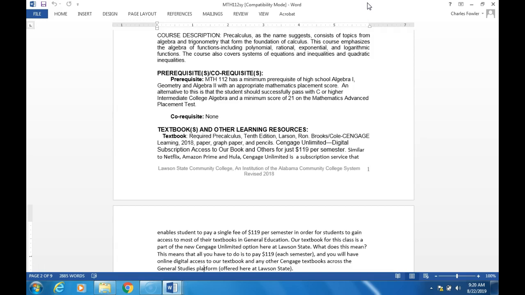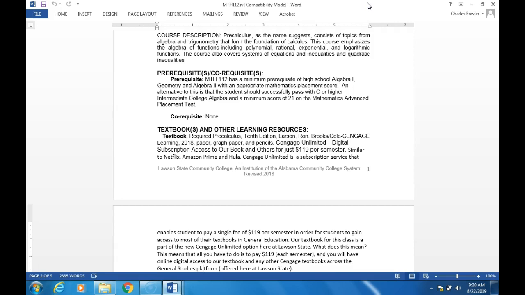Algebra of functions, including polynomial functions, hang on to that idea, rational functions, hang on to that idea, exponential and logarithmic functions, hang on to those ideas. It says the course also covers systems of equations and inequalities and quadratic inequalities. That last part, we're really not going to do much on except as it's necessary to do the previous part. And we will run into that kind of stuff.